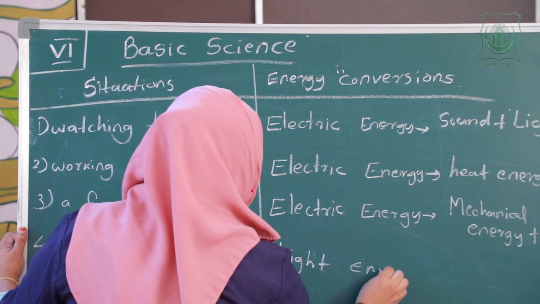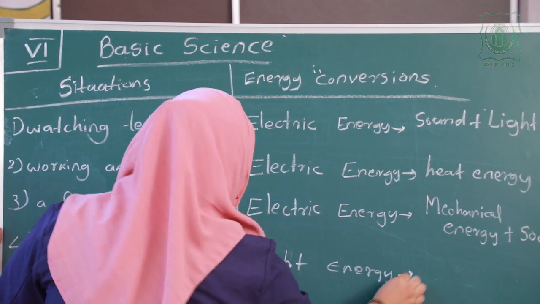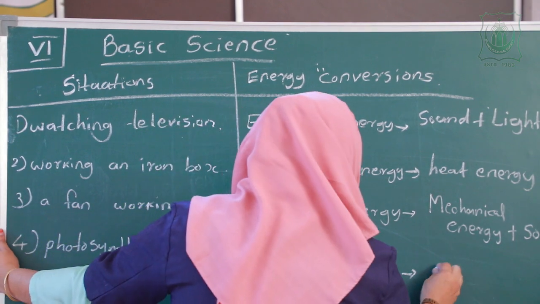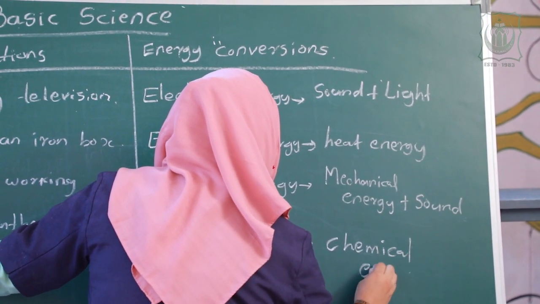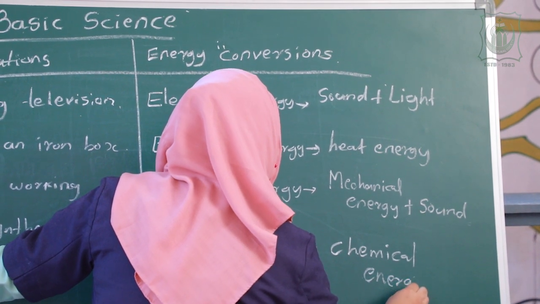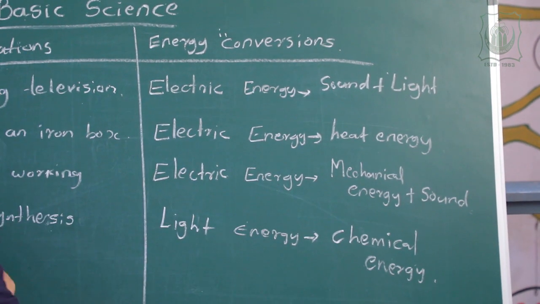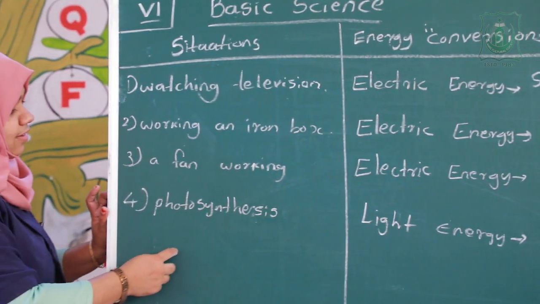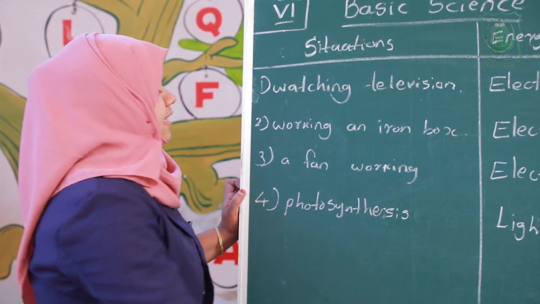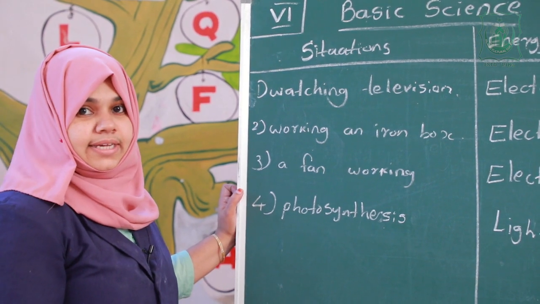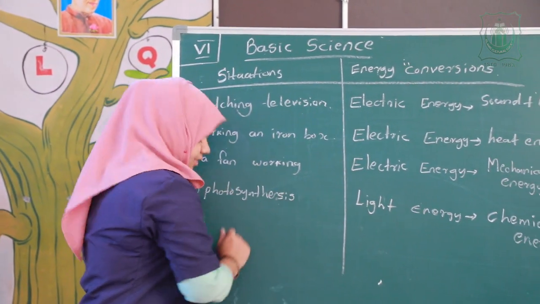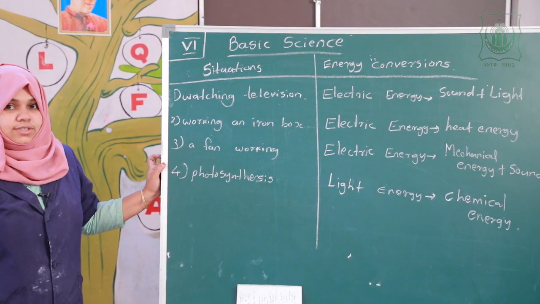Light energy converts into chemical energy. Which light? Solar light is used in photosynthesis. So, in photosynthesis, light energy is converted into chemical energy.